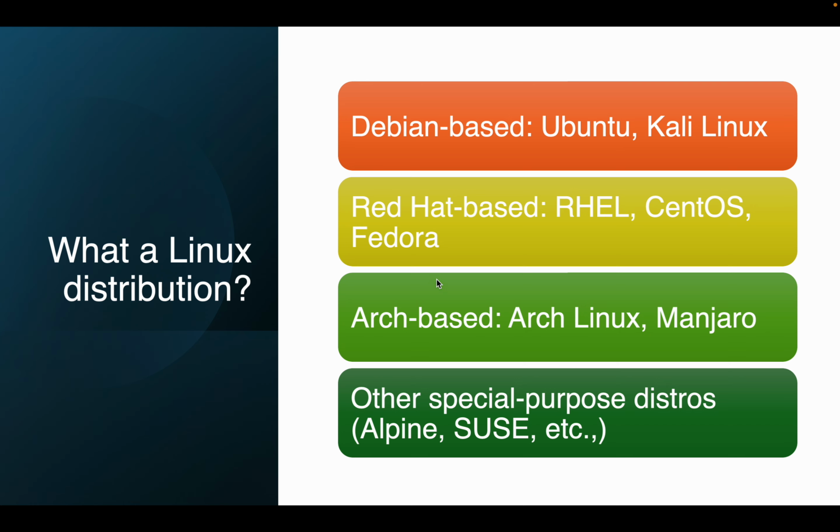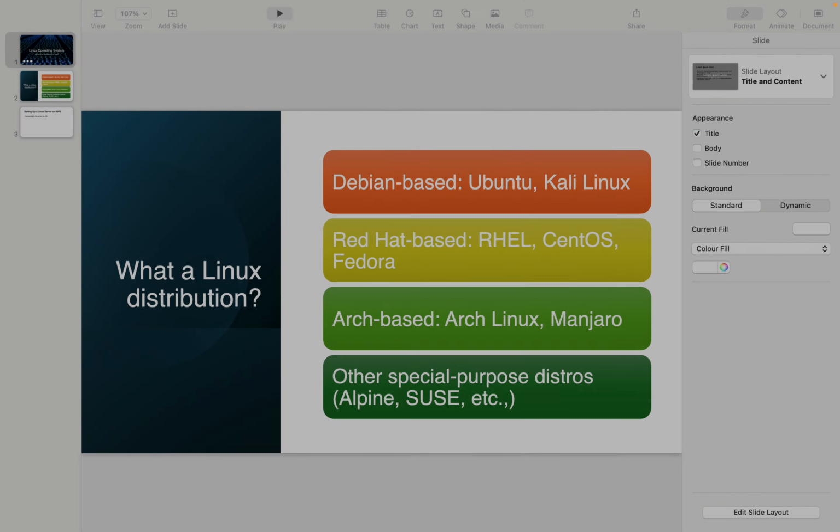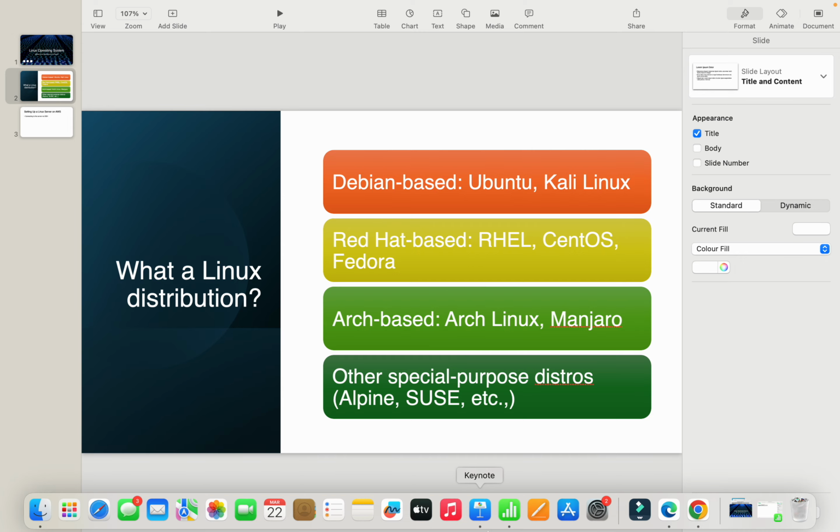There are different popular distributions: Debian-based ones like Ubuntu and Kali Linux, Red Hat-based ones, which are also popular, like Red Hat Enterprise Linux, CentOS and Fedora, and Arch-based ones like Arch Linux and Manjaro, and other special-purpose distros like Alpine, SUSE, etc.